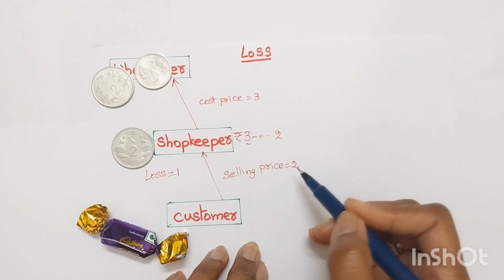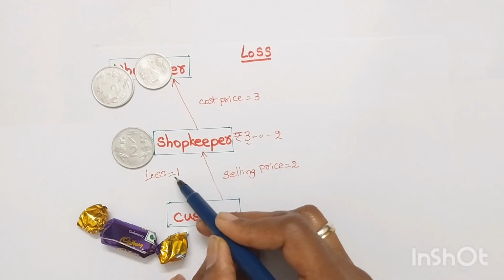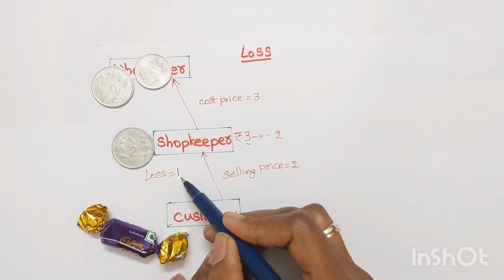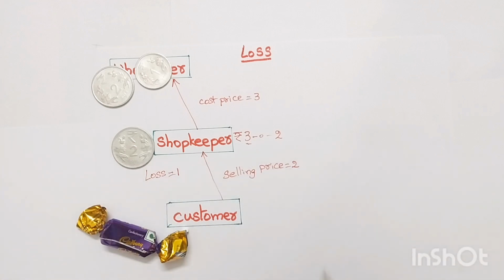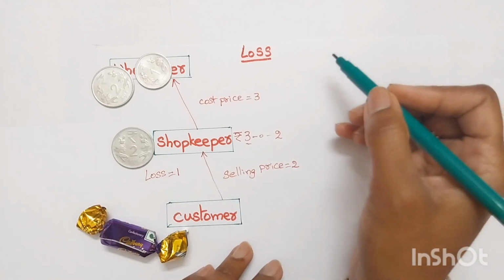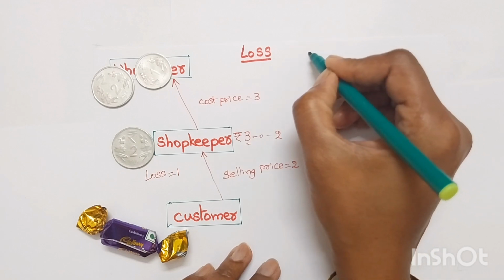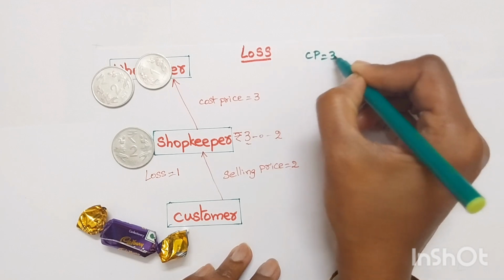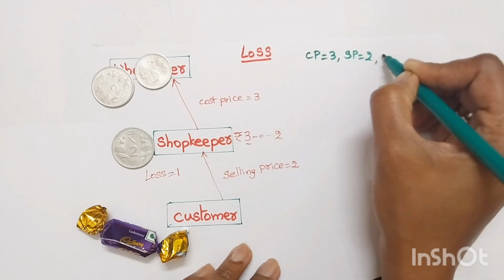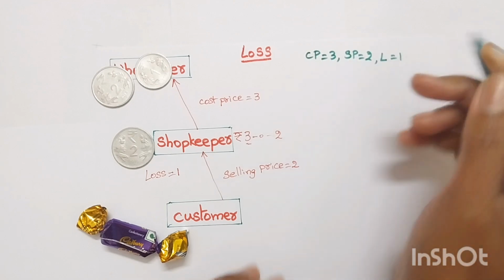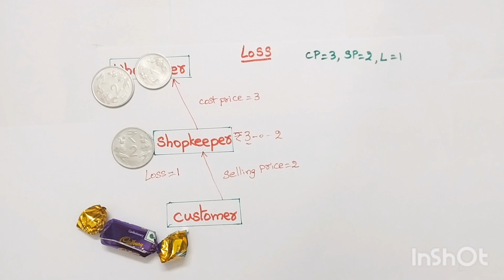So cost price equals 3, selling price equals 2 and loss equals 1. Based on these three values we do calculations and get the formulas.